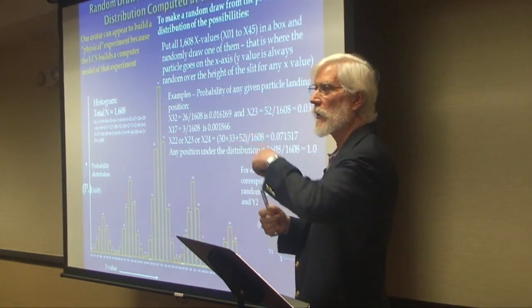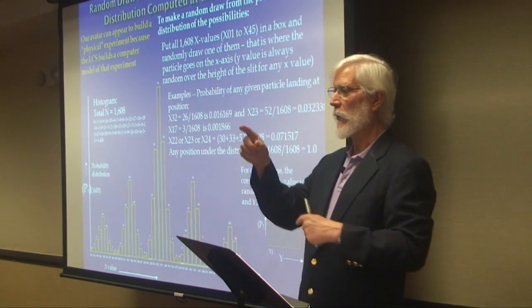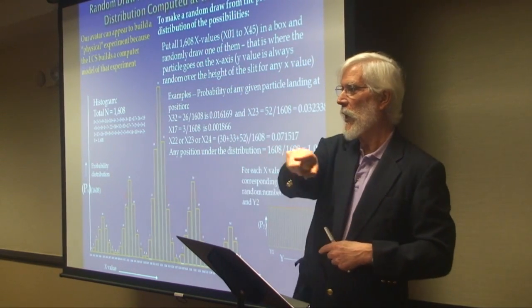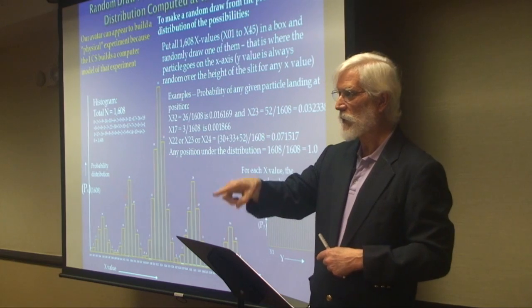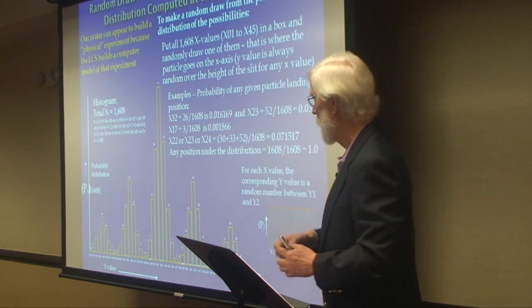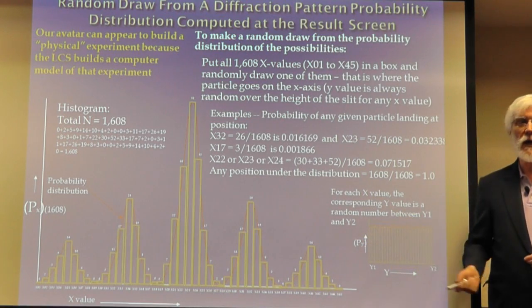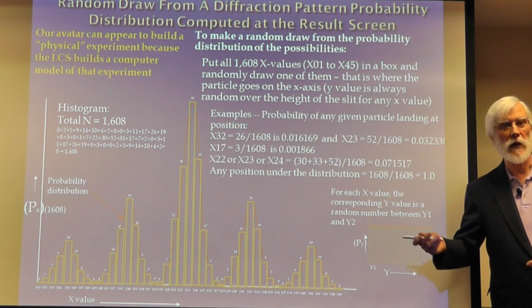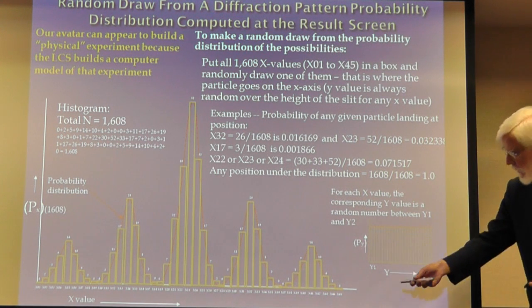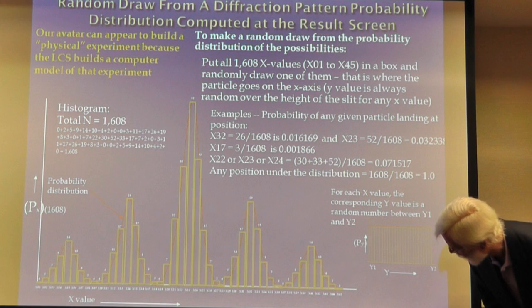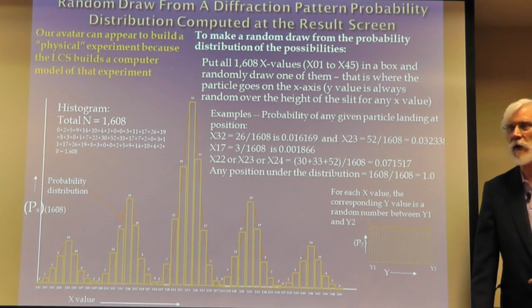Let's see, I'll draw it backwards. Here's the y, here's the x. So these are just the x values along the x-axis. If you could read that, the first one would say x01, and the next one would say x02, and so on until you get up to x45, I think, at this other end.